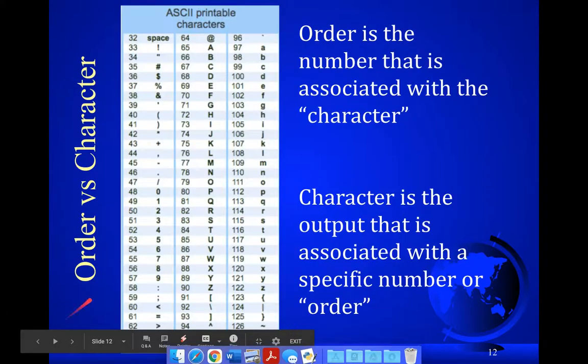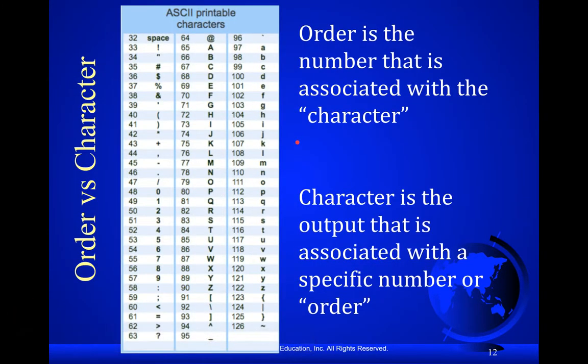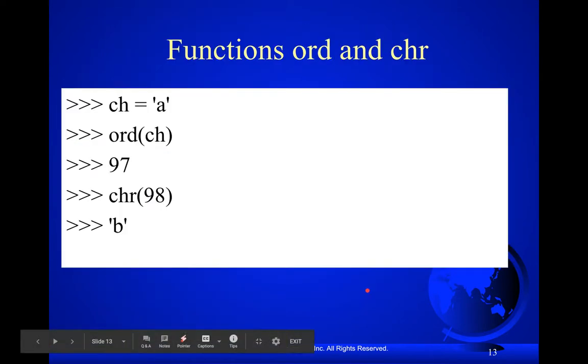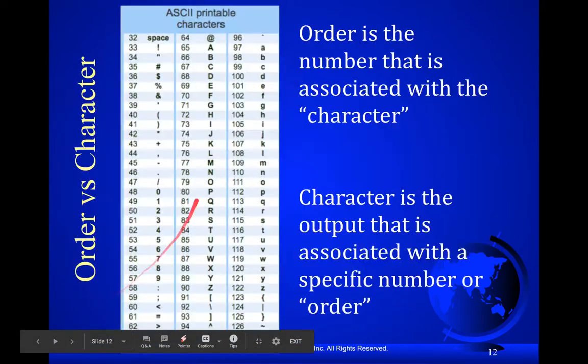So ord, order, is this number, and chr, character, is the output. So in Python, let's say ch is a. That's a variable ch, right? If I ask for the order, it is 97, because that is the number associated with the lowercase a.